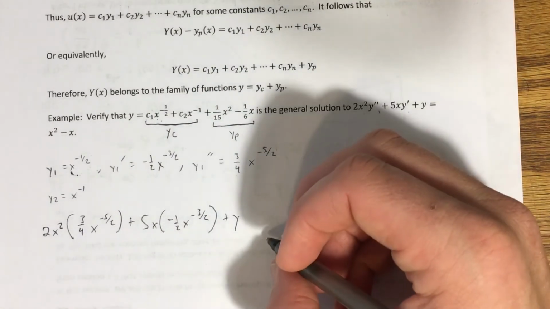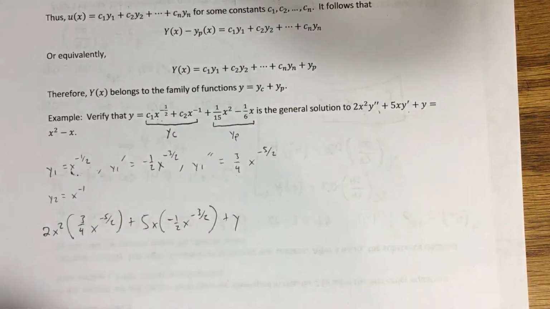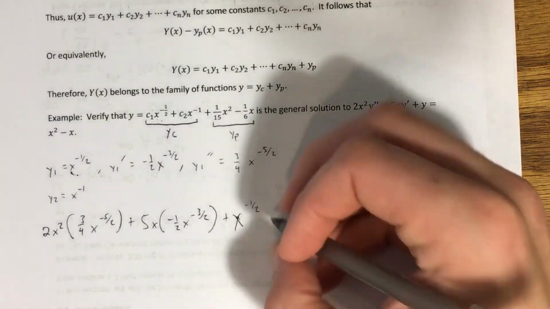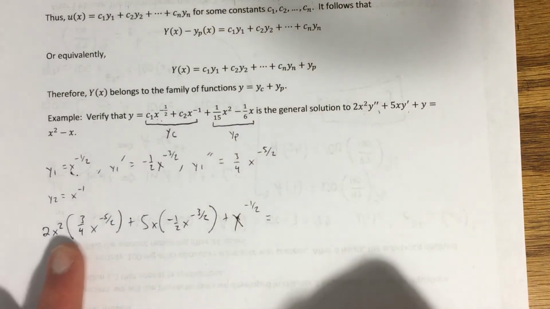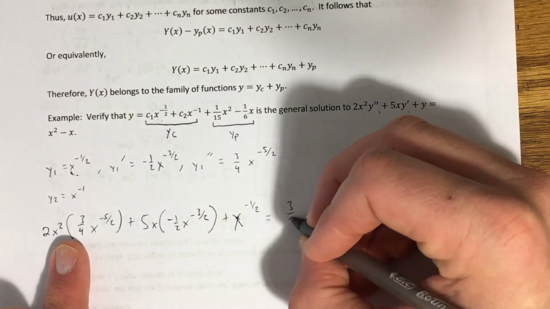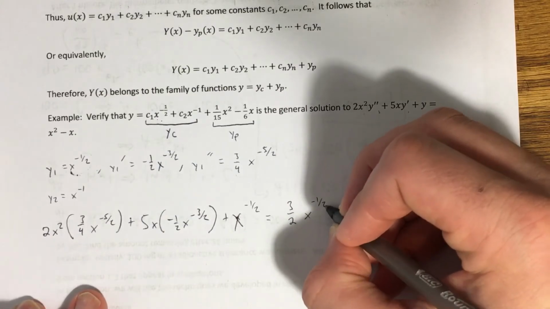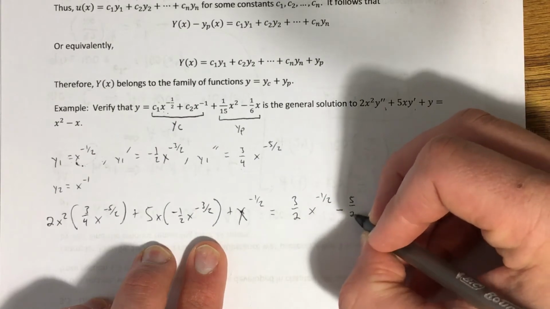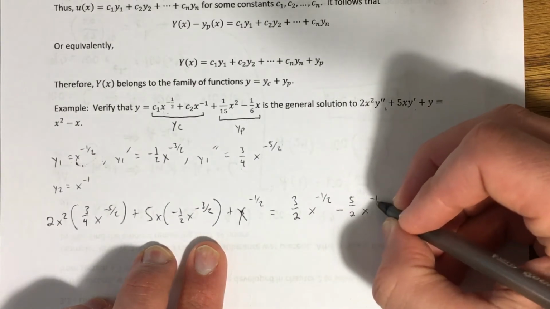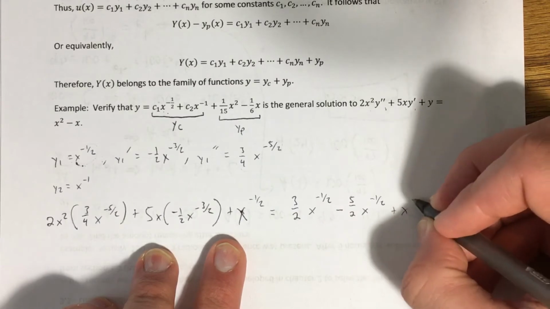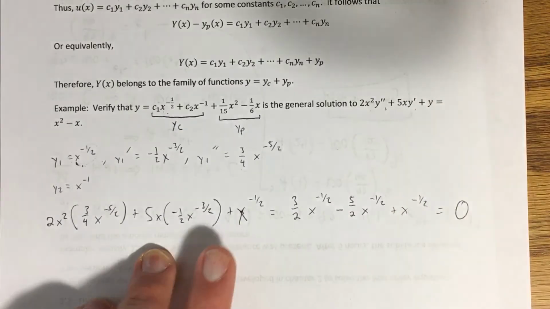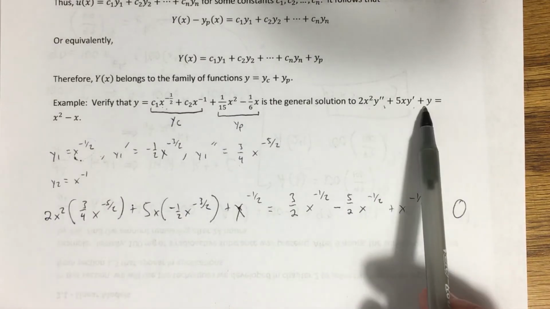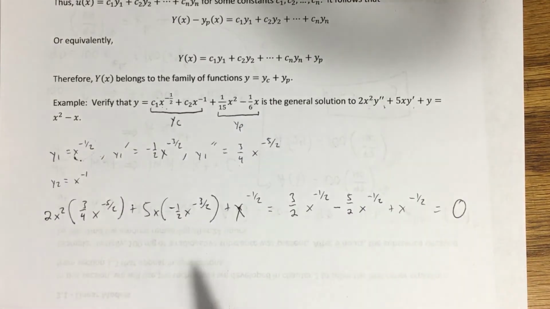I need to plug in x to the negative 1/2 power for y. If we simplify this down, I'm going to get 3/2 x to the negative 1/2 from this term. From this term, I'm going to get minus 5/2 x to the negative 1/2. And from here, I have plus x to the negative 1/2, which equals 0. That shows that this function is a solution to the associated homogeneous equation for this guy up here.